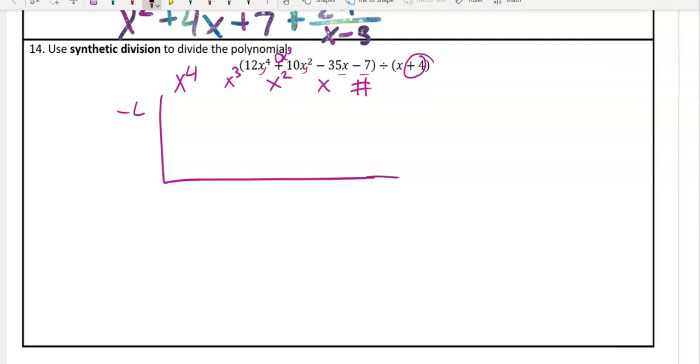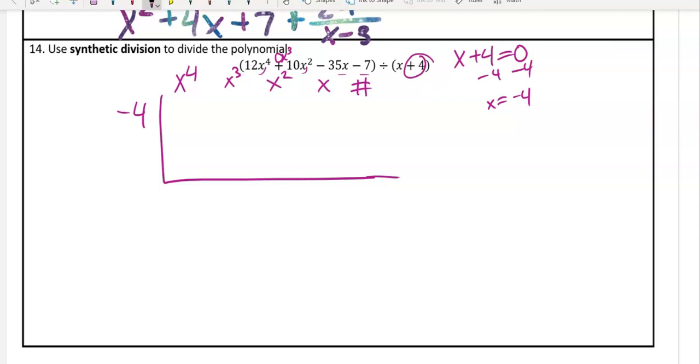So it's positive 4, so right here we're going to put a negative 4. Again, if you're wondering why we do that, we say x plus 4 equals 0, subtract 4, and we get x equals negative 4. So that's the number we use. We look for the root of the divisor.